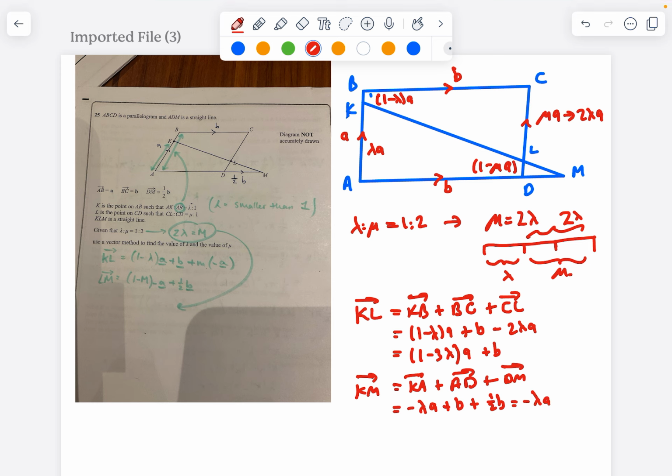Minus lambda A plus B, plus a half B, so altogether that's 1.5 or 3 over 2 B.